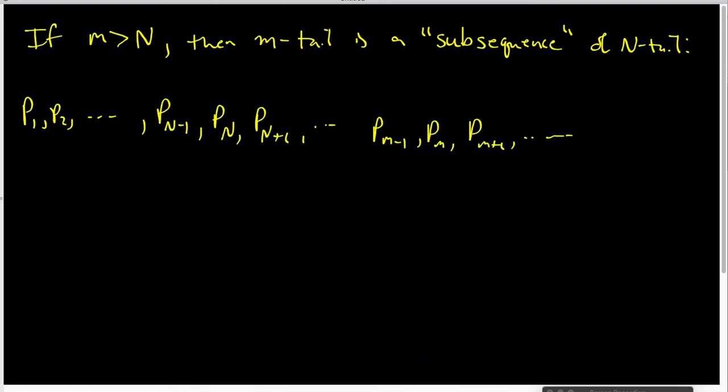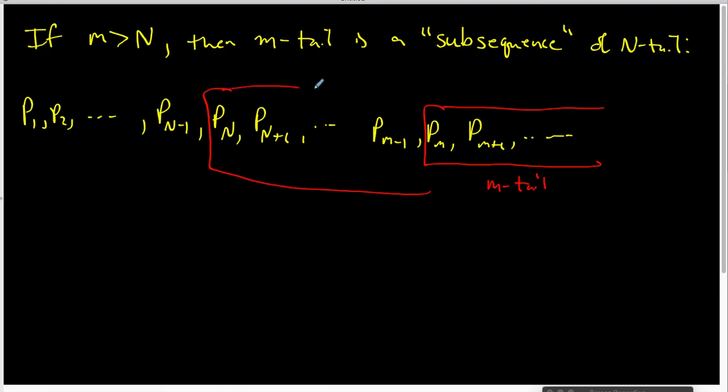And what I want to notice is that this much is the m tail, and this much is the N tail. So clearly the m tail goes further out, so it's a smaller sequence, so to speak.